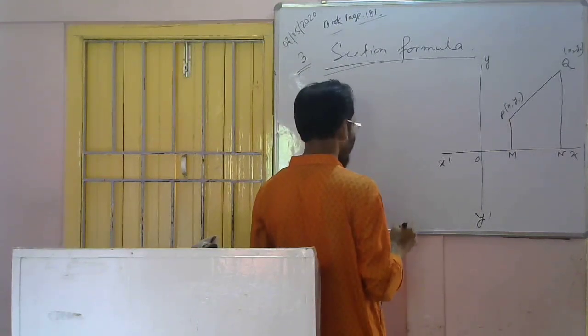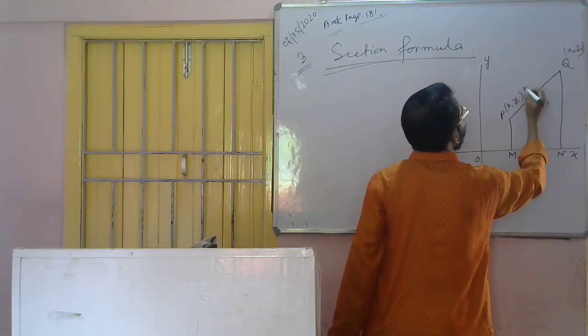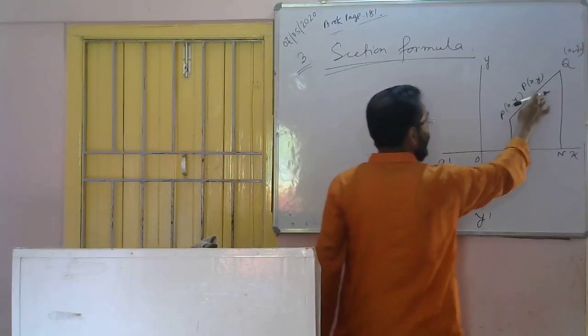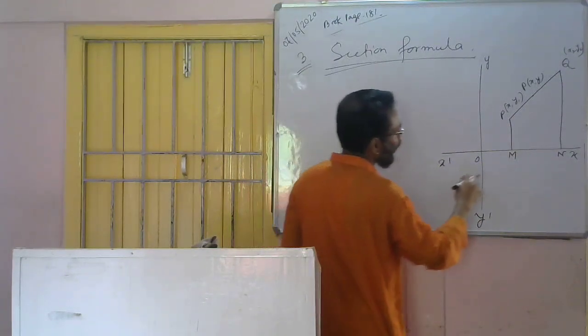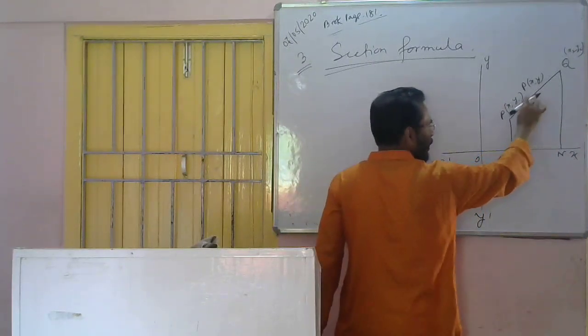Now in between these 2 points, there is a point, and in which ratio does this point cut that line? Ratio means this one is a part, this one is a part.